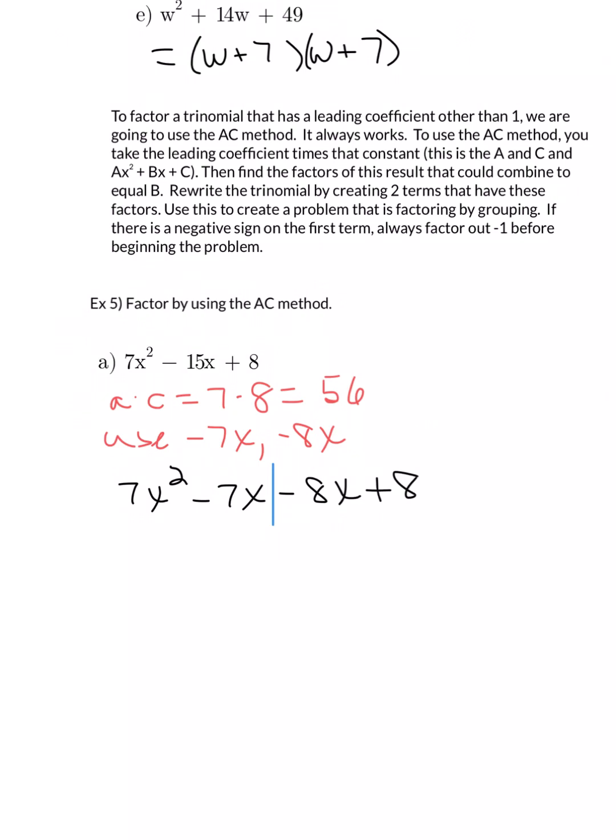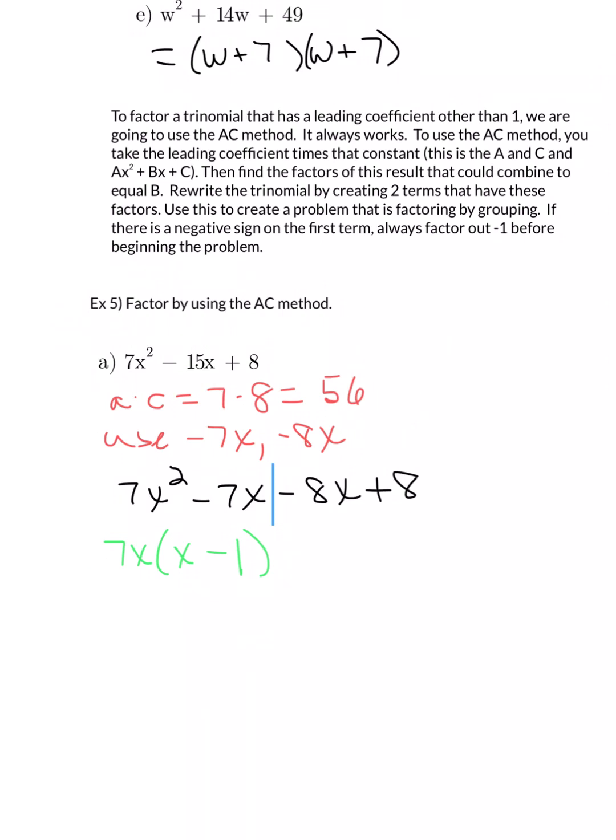So what's in common on the first two terms? 7x. If I take 7x out of the first term, what's left is x. Take negative 7x divided by 7x, I get -1. What's in common on the second two terms is an 8. But kind of look ahead.